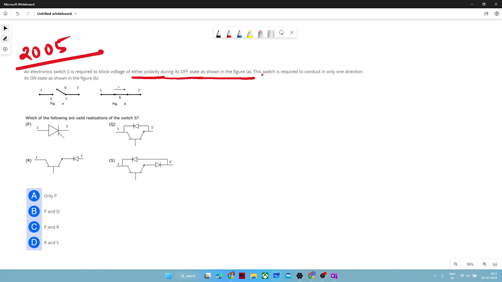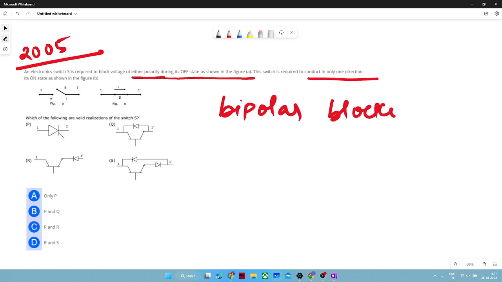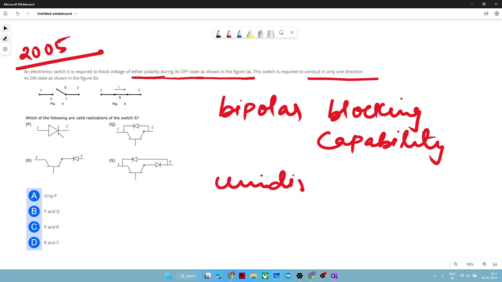And this switch is further required to conduct in only one direction, right? So from these two sentences, we can identify the requirement of our switch: bipolar blocking capability and unidirectional current flow.